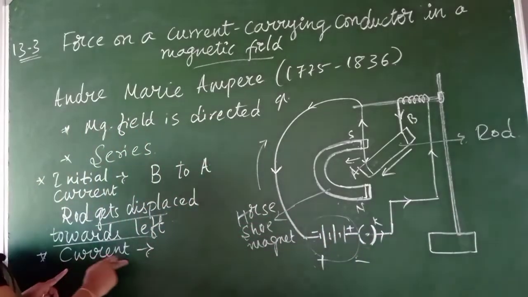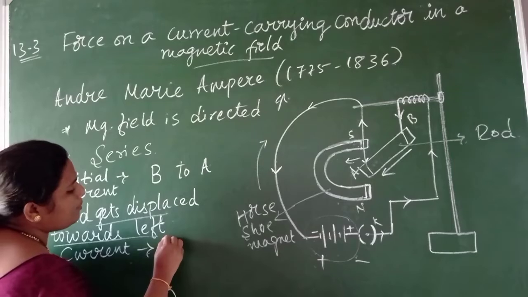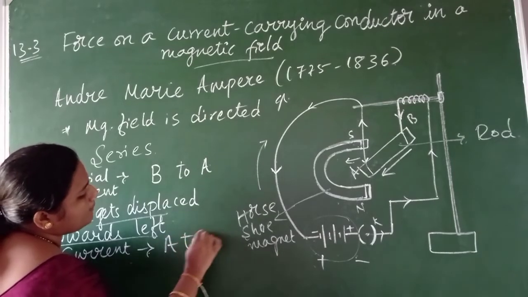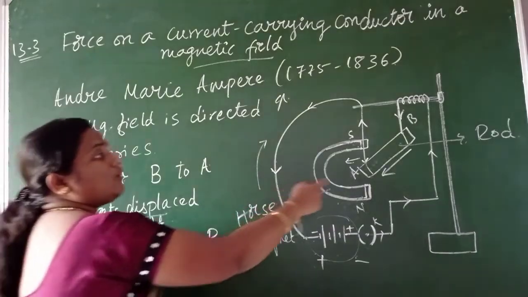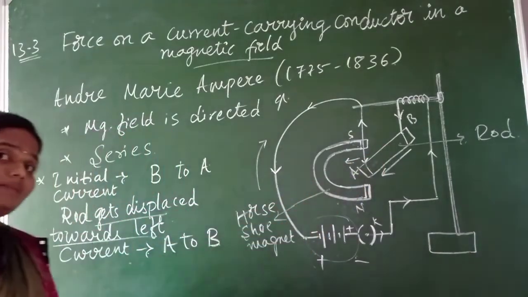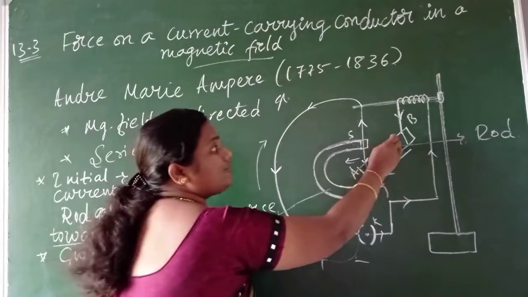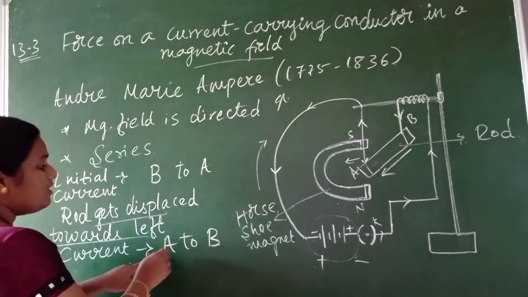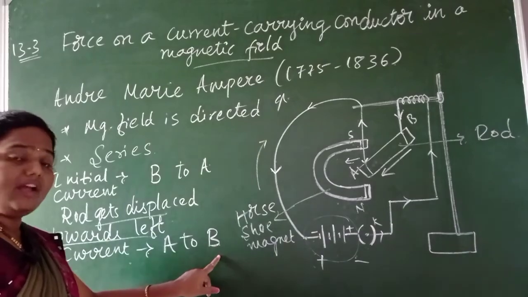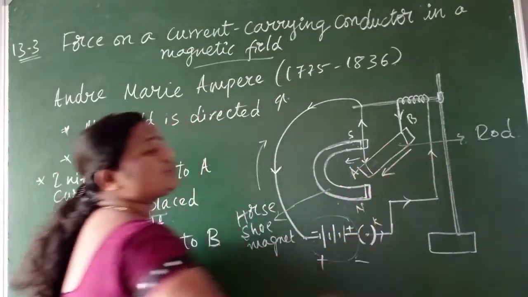So when the current starts moving from point A to B, got it, children, my point? We need to observe again the change in the rod. It has been experimentally found, children, that when the current starts flowing from point A to B, the rod gets displaced towards the right.